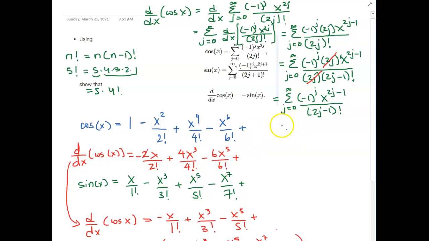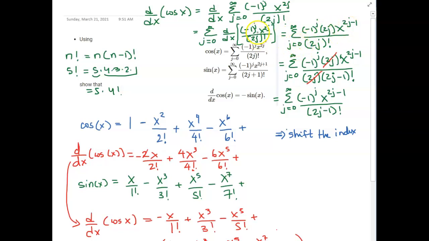Basically, we want to shift the index. So notice that when you take the derivative here, it doesn't really start at j equals 0 anymore.